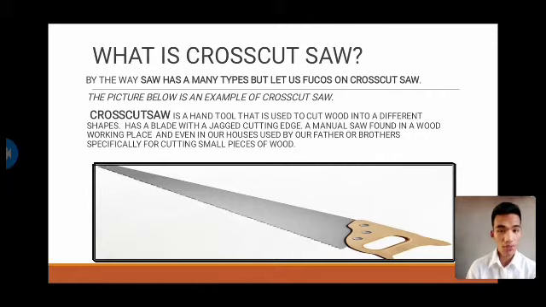But to be specific, saws have many types. I should say it is the crosscut saw.